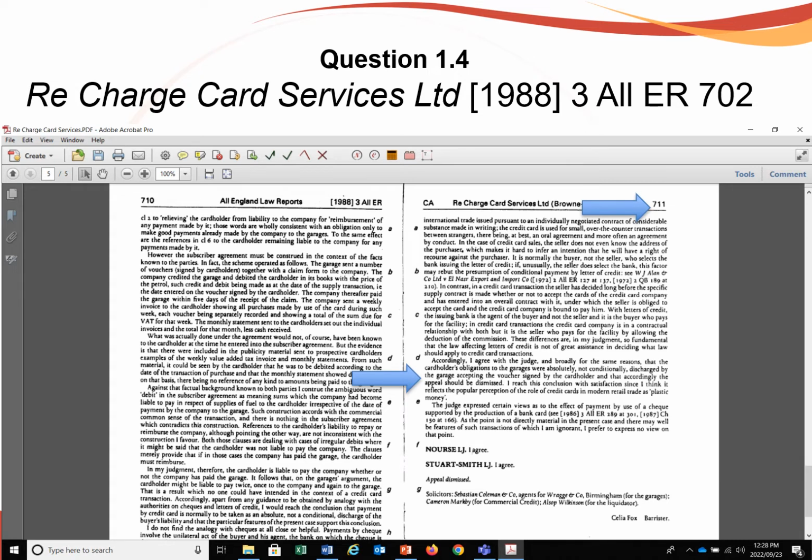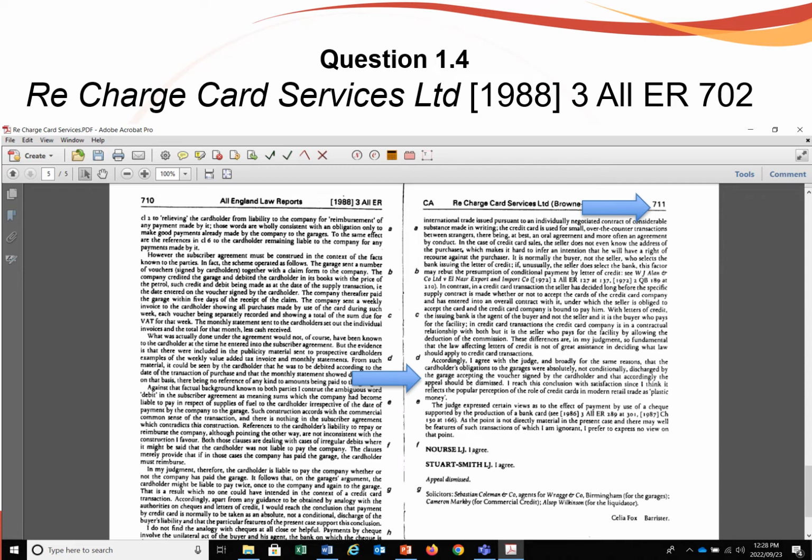Now here you would have seen that the exact answer we found on page 711 and specifically paragraph D. Now because this is an English case, this is the way that the English cases are prepared, where you would have a page number and their paragraphs are numbered to the left side.